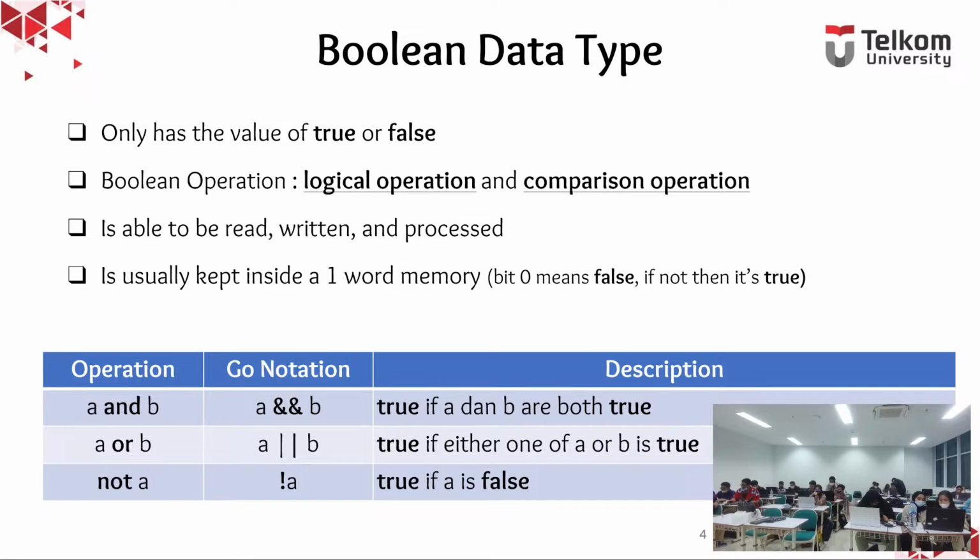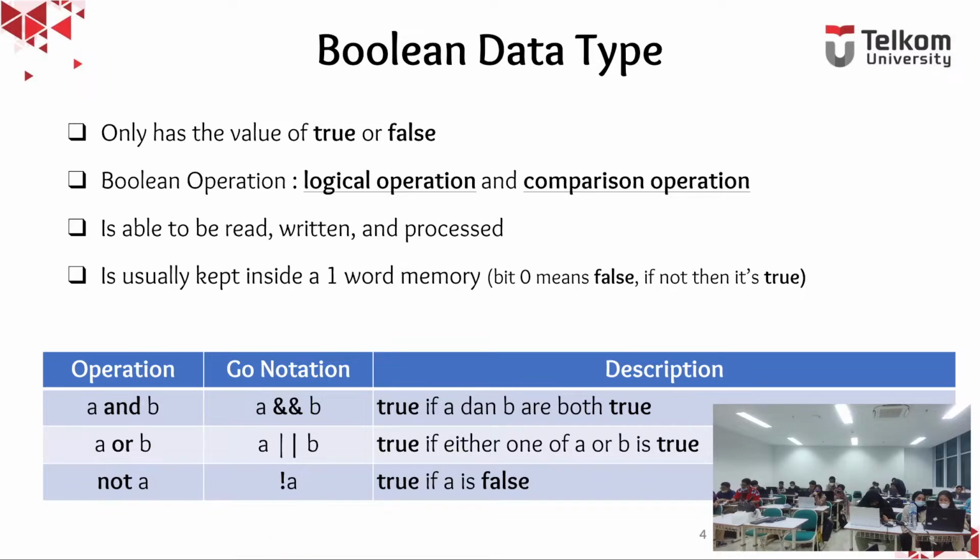If we have Boolean variables, we can do some operations, logical operations and comparison operations. Please pay attention to this example. If we have an AND operation, the result will be true only when both variables are true. So true and true results in true. Other than that, it will result in false.